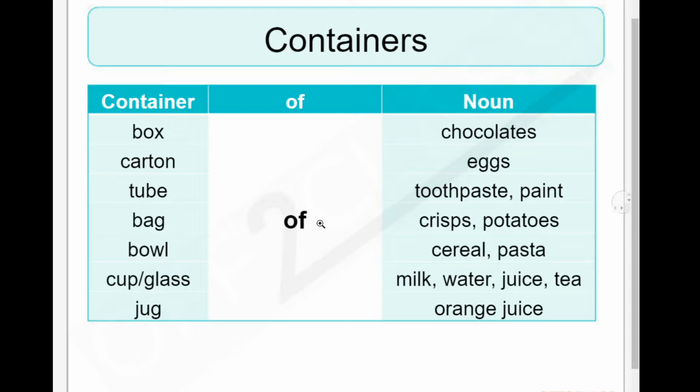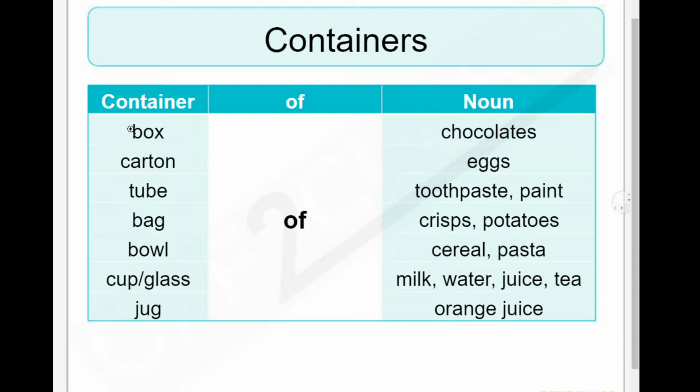A bag of crisps or potatoes. A bowl of cereal or pasta. A cup or glass of milk, water, juice, or tea. A jug of orange juice.